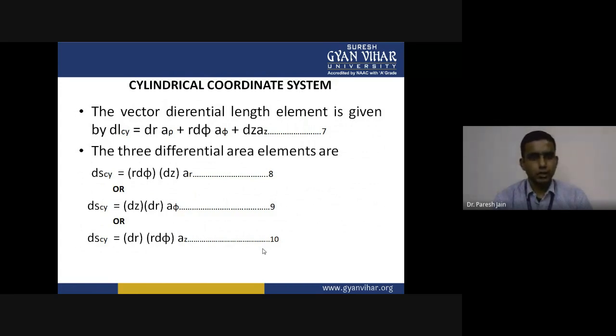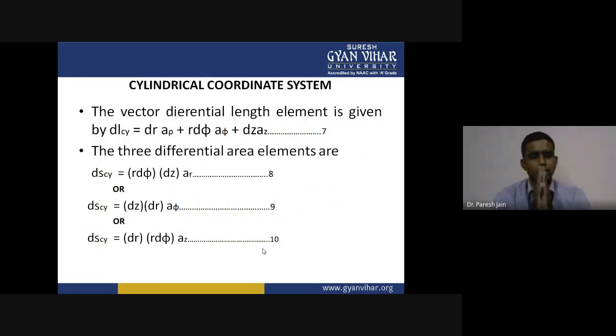Now we have three differential area elements in the cylindrical coordinate system. ds cy is equal to r d phi dz a r, in the direction of unit vector a r, or ds is equal to dz dr a phi, in the direction of phi. ds cy equal to dr r d phi a z, in the direction of z.